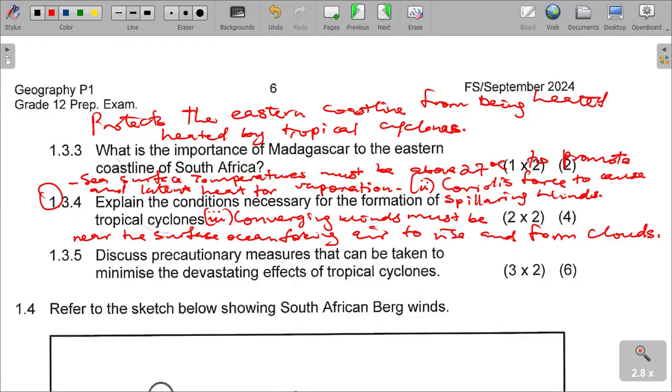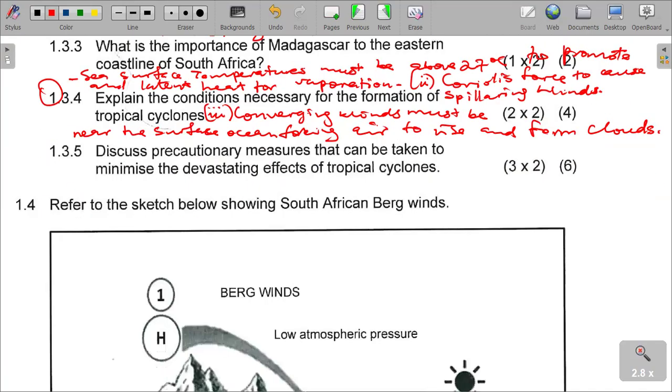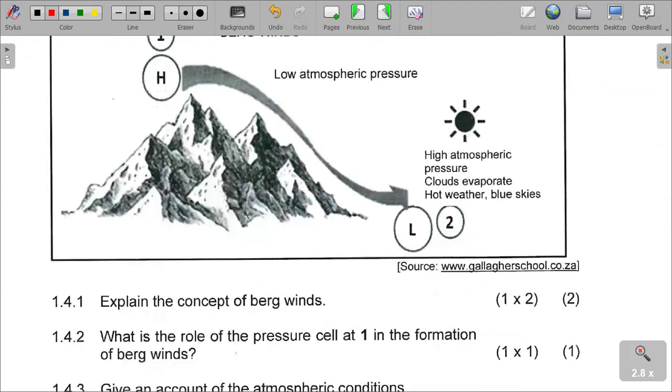Discuss precautionary measures that can be taken to minimize the devastating effects of tropical cyclones. Measures that can be taken to minimize effects of tropical cyclones. I'm sure these are quite a lot.